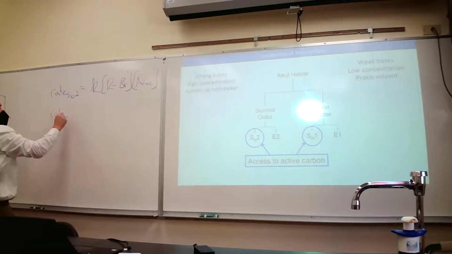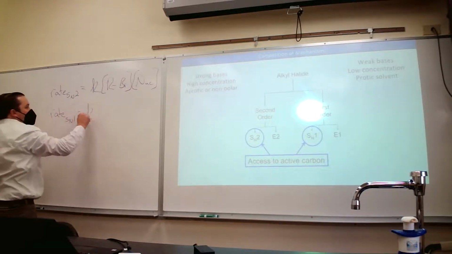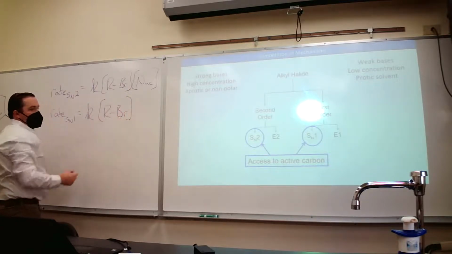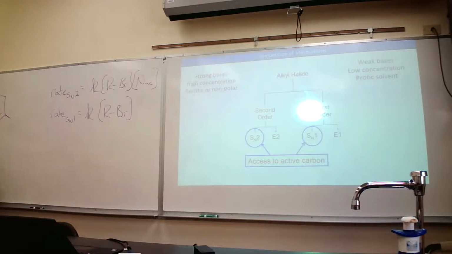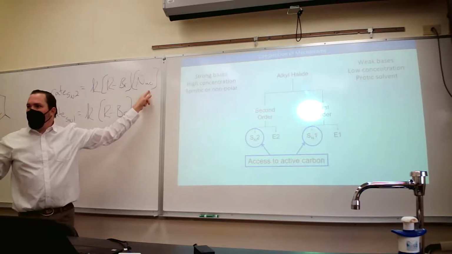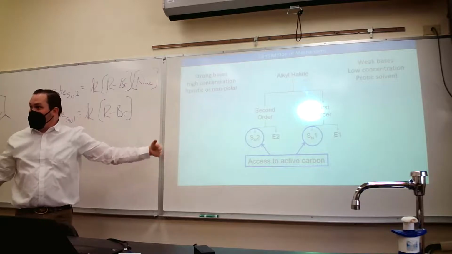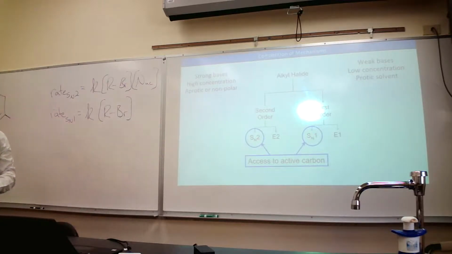The rate of SN1 is just k times the concentration of our bromide. And so if these are competing with each other, if these are both happening at the same time, well, you can really slow this one down if you have a really low concentration of your nucleophile. And so high concentrations are going to favor the second order reactions because statistically it's easier for things to run into each other. If you take that concentration and you lower it, we can skew it towards the first order reaction a little bit.